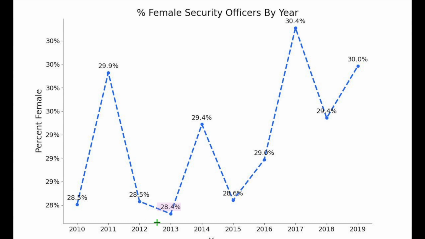The problem is that 28.4%, this blue dot, is positioned below 28%, so this graph communicates that 28.4% is less than 28%. But this is absolutely false because 28.4% is greater than 28%.